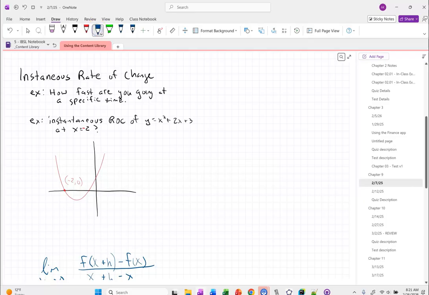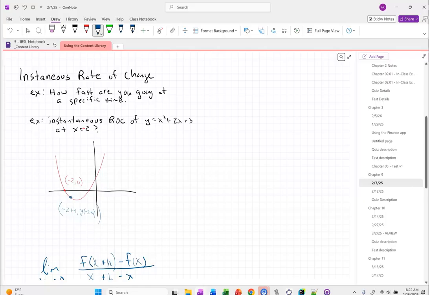We're going to do much like your car does. So we're going to pick some point, and we'll call that point just h units away from -2, 0.